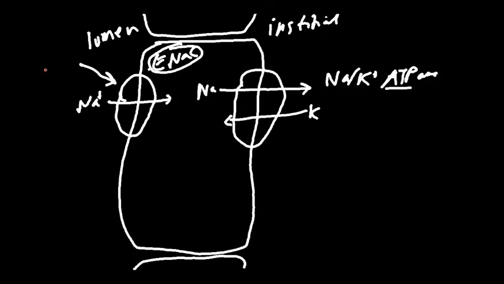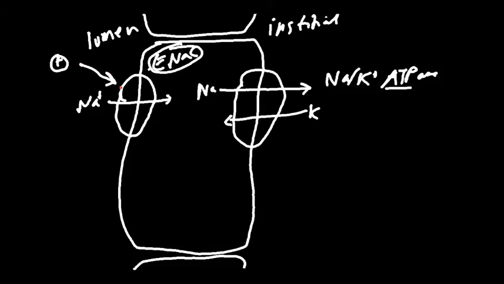This is the channel that's going to be affected by our aldosterone receptor competitive antagonists, such as spironolactone. So I'm thinking spironolactone. This is going to be potassium sparing.